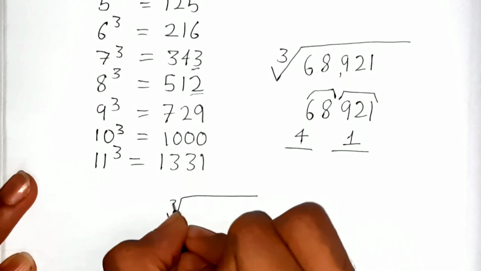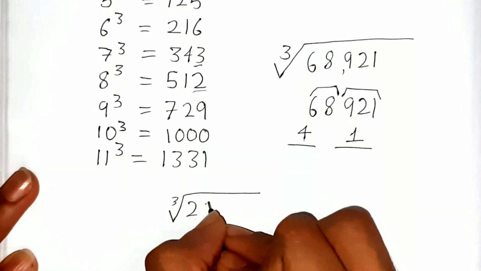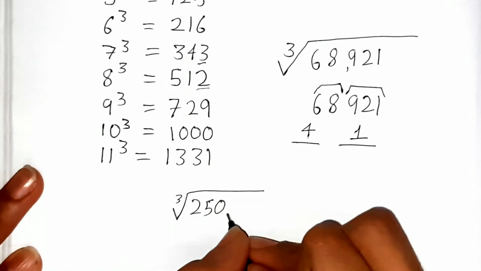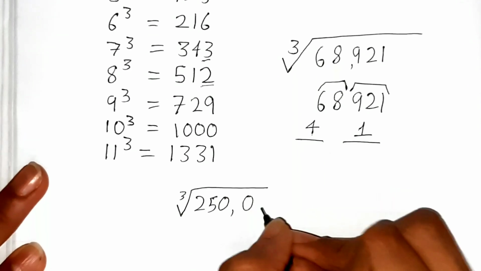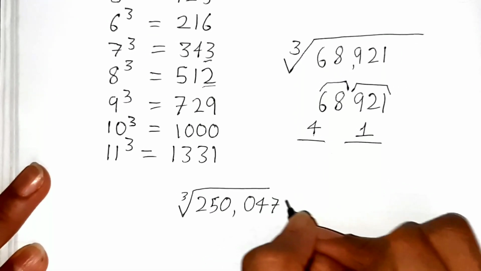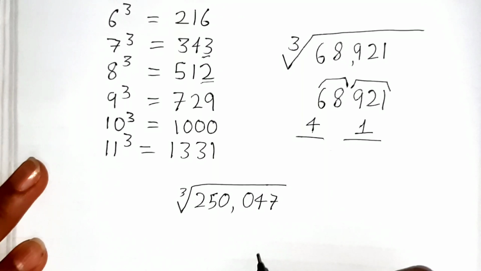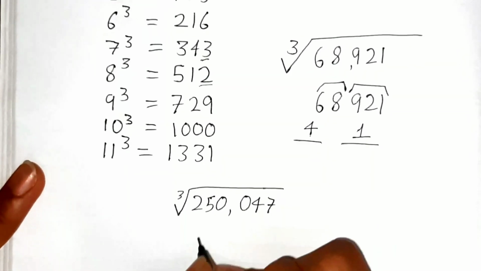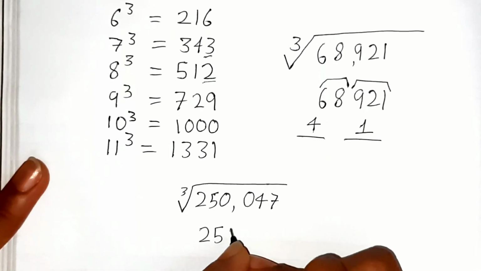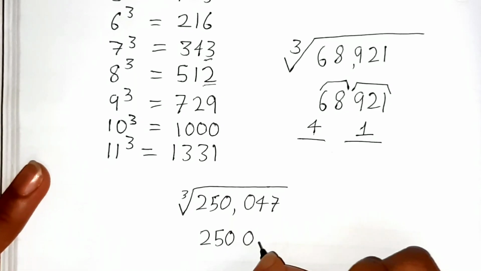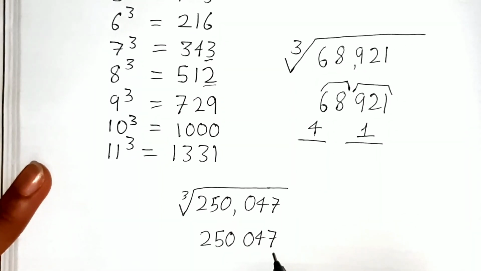Let's take the cube root of 250,047. So here we have a 6-digit number. Let's try it. We'll do the same. We'll divide it into 2 groups.